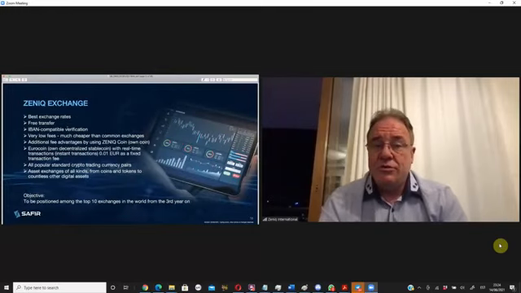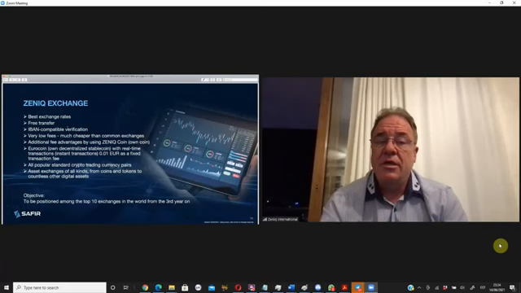Connected, of course, the whole concept is connected to the Zeniq exchange, and this is the place where we have the possibility to convert crypto to crypto, crypto to fiat. So we have the best exchange rates, free transfers, it's compatible with the IBAN accounts provided from our banking partner.